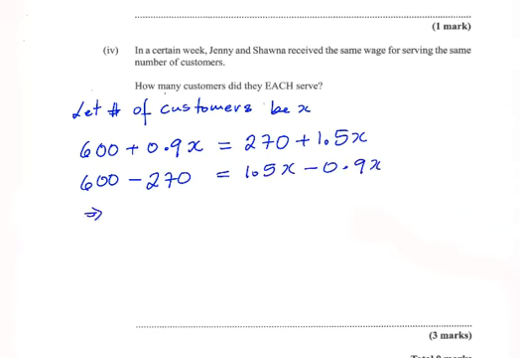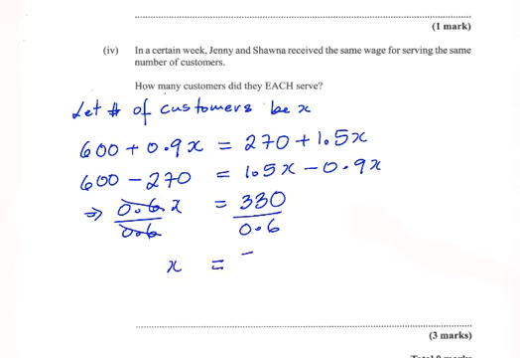Therefore, 0.6x would be equal to 330. Divide both sides by 0.6, and we get x, the number of customers, is 550.